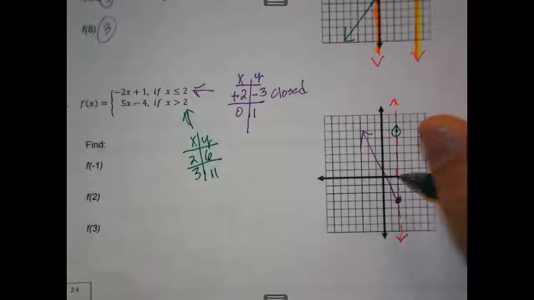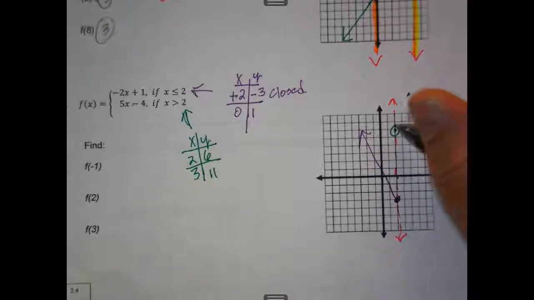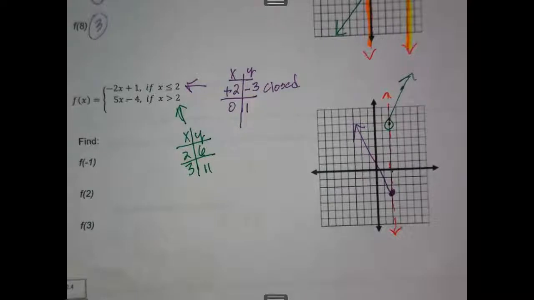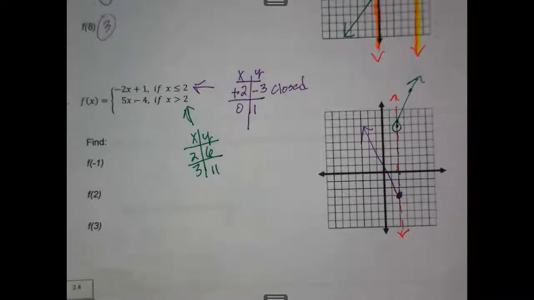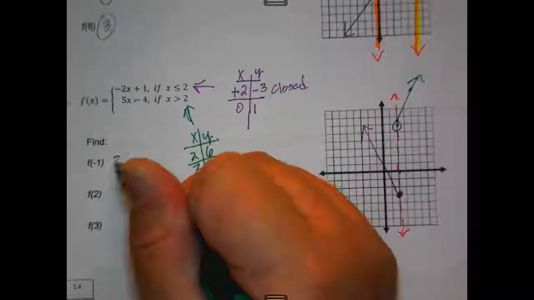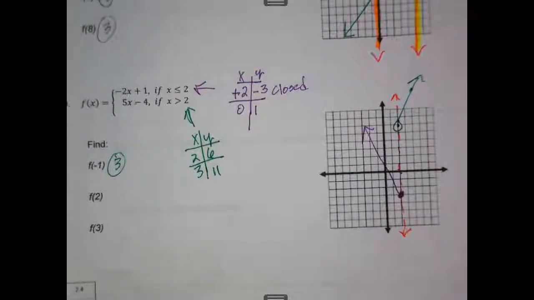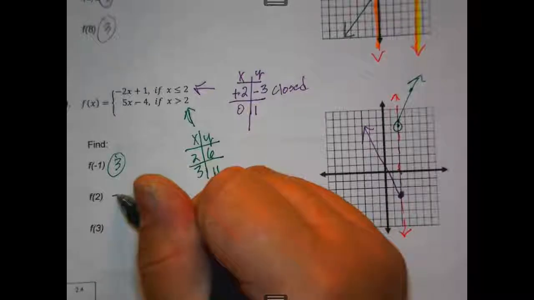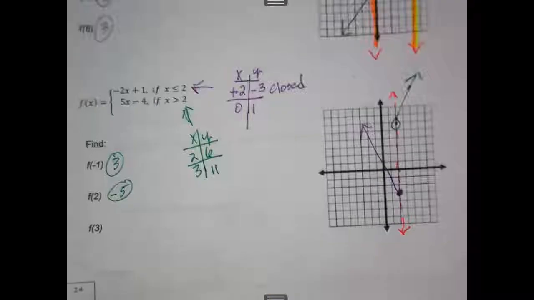And then 3, 11. And I'm done. F of negative 1 is 3. F of 2 is negative 5. And the F of 3, we did that already, is 11.